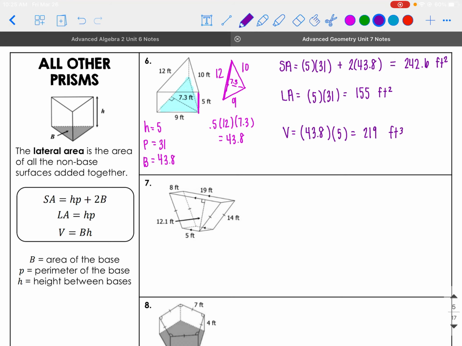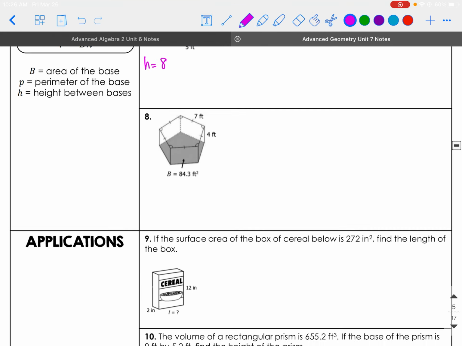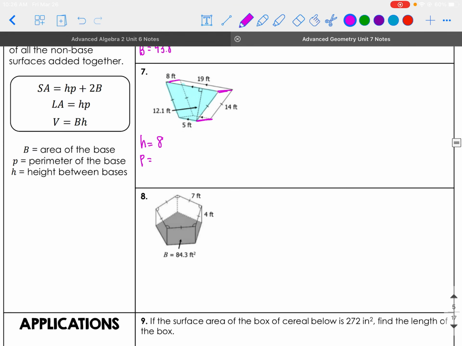All right, next one. Number 7. All right. Highlight your base, which is a trapezoid again. The height of the figure is from base to base, which if I look over here is 8. The perimeter of my base.